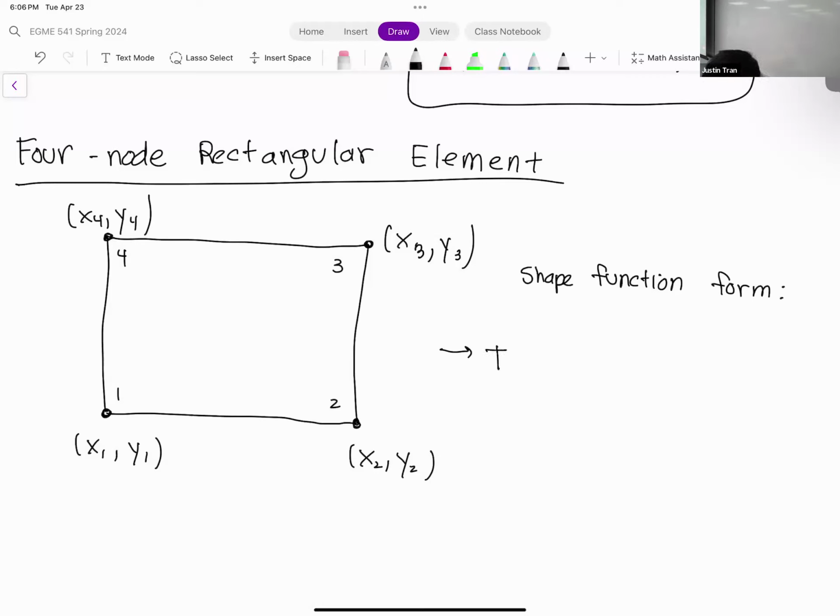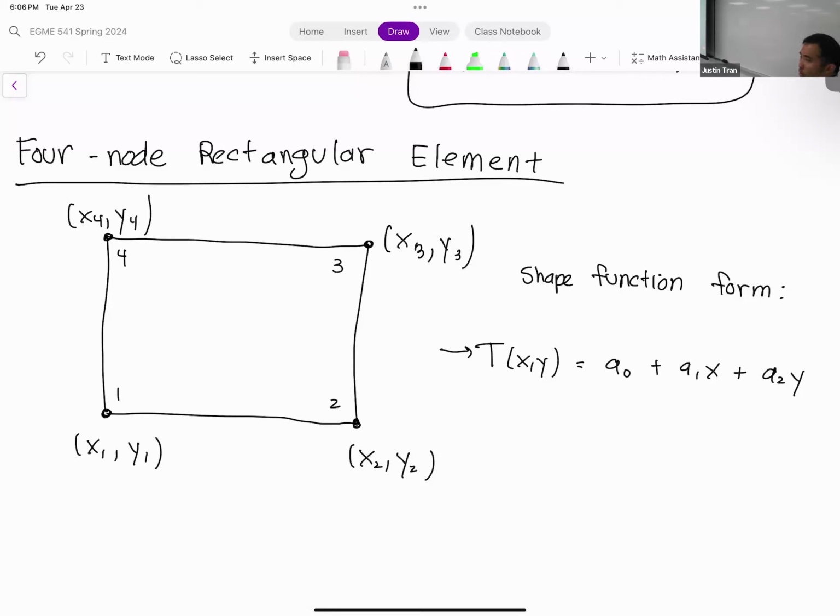And so our shape function forms, right? Keep in mind that we want to keep the function linear, right? Because linear functions have a lot of usefulness to us. It's pretty straightforward. And so we're given a0 plus a1x plus a2y. So that's the same functional form as our 3-node triangle, at least for now.